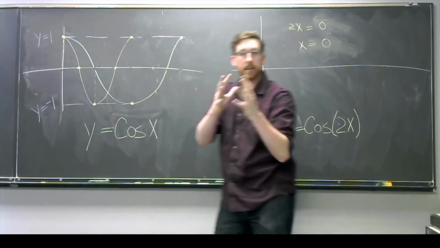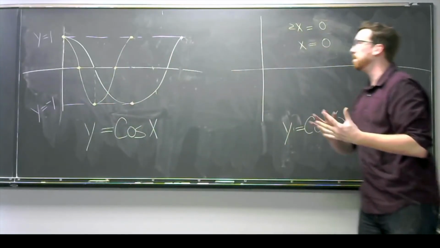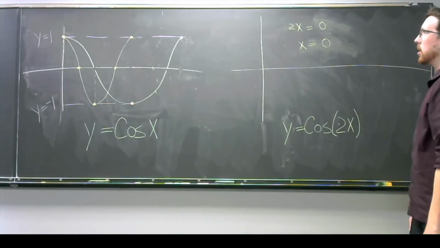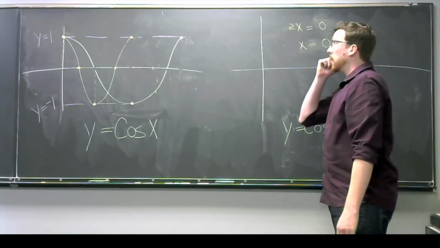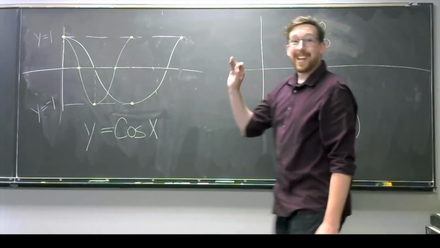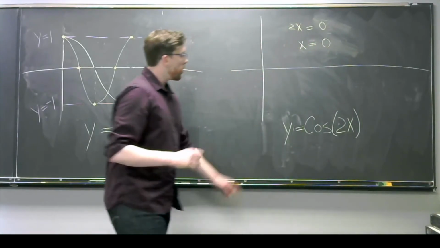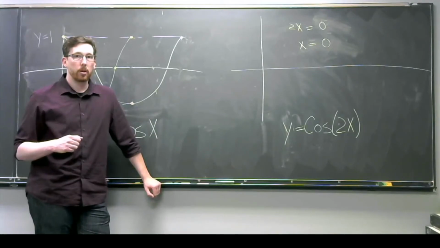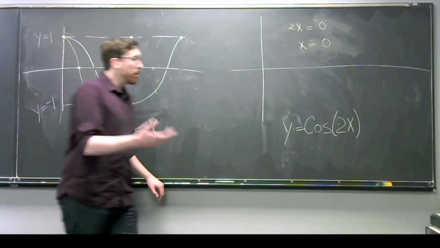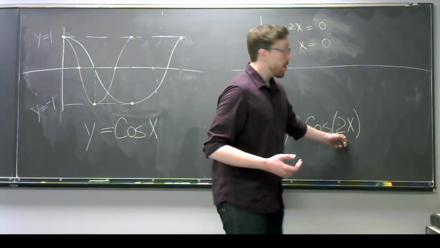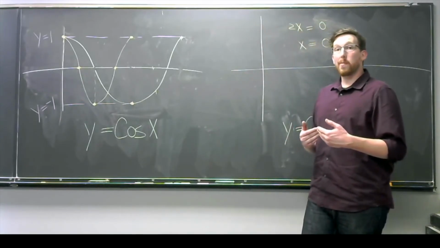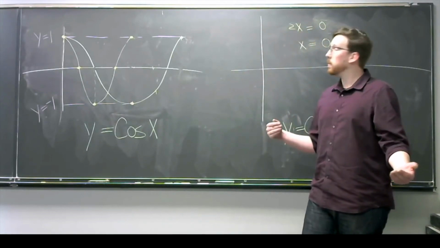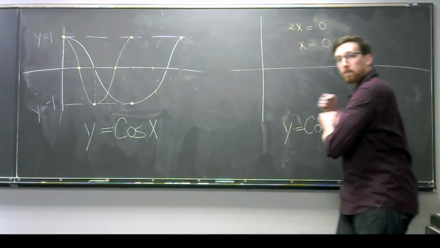We've contracted it down, we've compressed it. This is going to happen anytime you multiply x by a number greater than 1. If, on the other hand, you multiply it by a number between 0 and 1, you're going to stretch it.